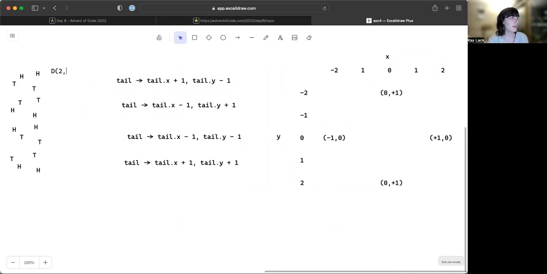And the y is 0. The tail is, let's focus on this one.